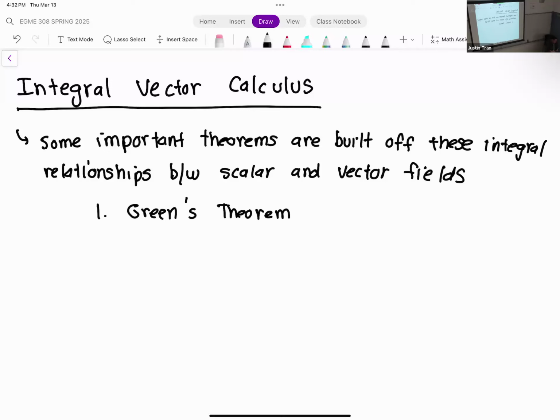The second one that we're going to go over, probably on Tuesday, is called the divergence theorem. Sometimes the divergence theorem is credited to Gauss, and so sometimes we call it Gauss's theorem.